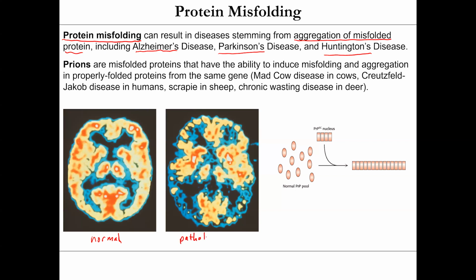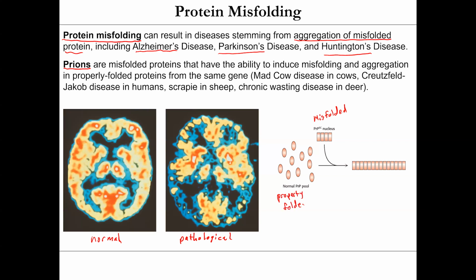Another interesting feature of protein misfolding are prions. So prions are very interesting, actually. They're misfolded proteins that have the ability to induce misfolding and aggregation in properly folded proteins from the same gene. That may sound a little confusing, but basically you have these proteins in your body right now.